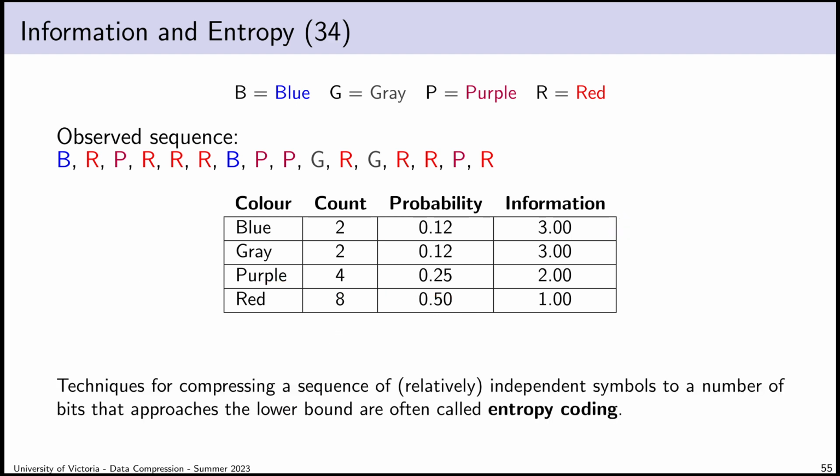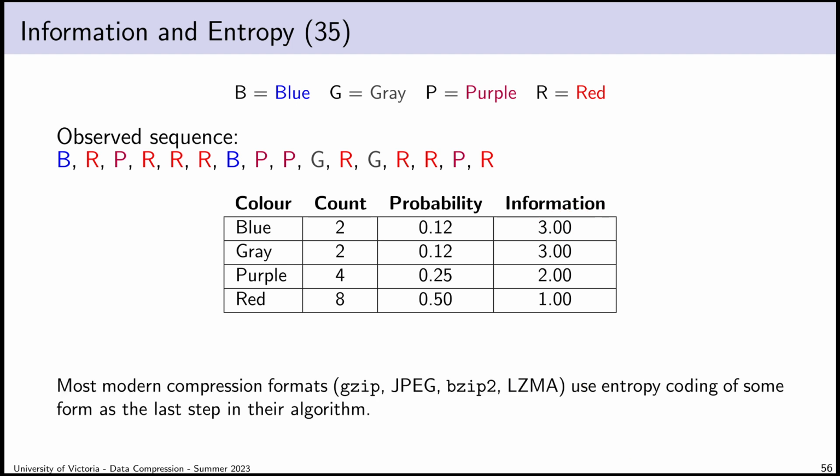In general, though, techniques for encoding each symbol in a number of bits that approaches this lower bound, its true information content, are called entropy coding, whether or not they use a separate bit sequence per symbol. If they are encoding techniques designed to reduce each symbol to something as close as possible to its true information content, we are performing something called entropy coding.